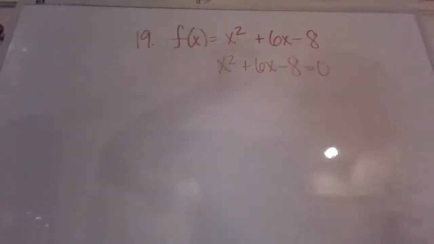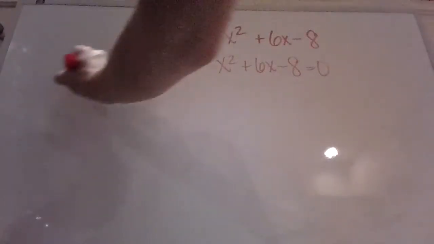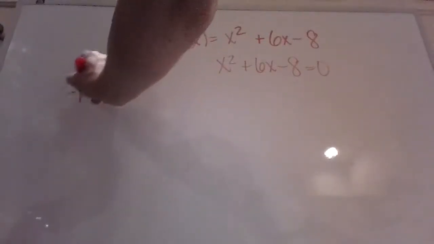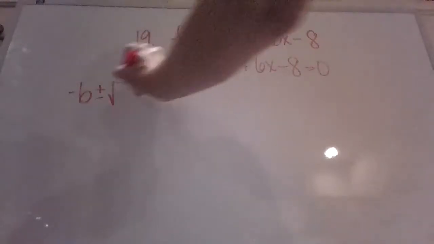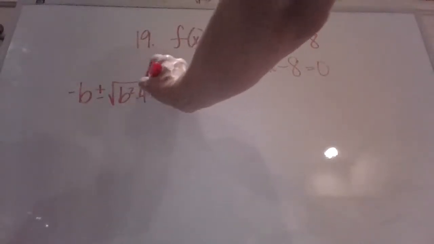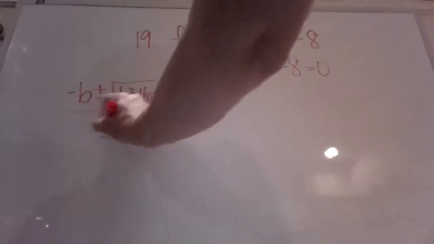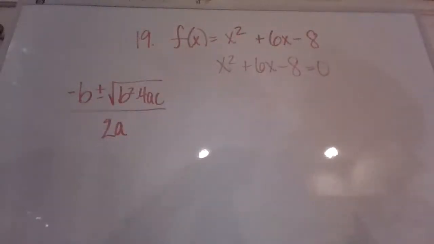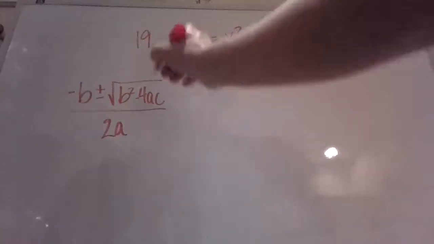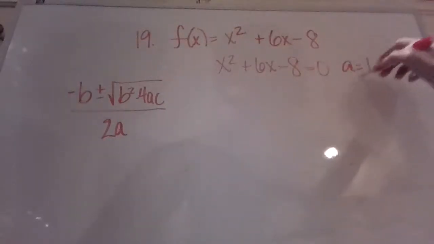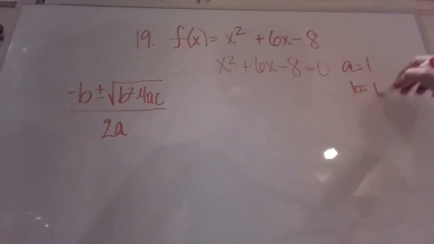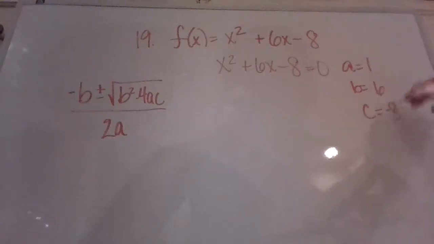And this can't factor down. I'm going to go ahead and use the quadratic formula for this. Remember, the quadratic formula is negative b plus or minus the square root of b squared minus 4ac, all over 2a. You will have to use the quadratic formula on number 18, because factoring won't work for the other ones. So my a is 1, b is 6, and c is negative 8.